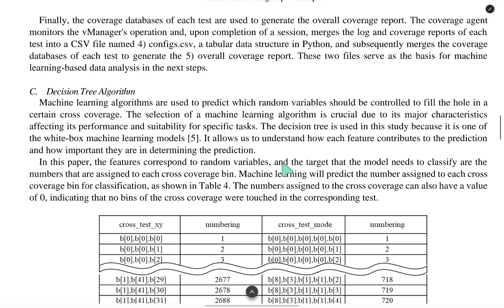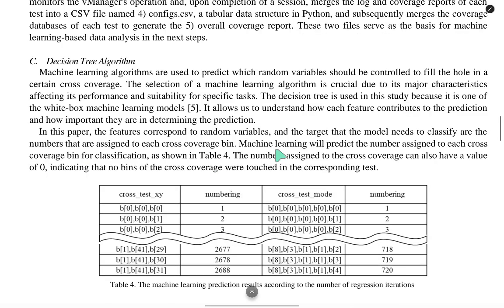The decision tree is used in this study because it is one of the white box machine learning models. It allows us to understand how each feature contributes to the prediction and how important they are in determining the prediction. In this paper, the features correspond to random variables, and the target that the model needs to classify are numbers that are assigned to each cross coverage bin.